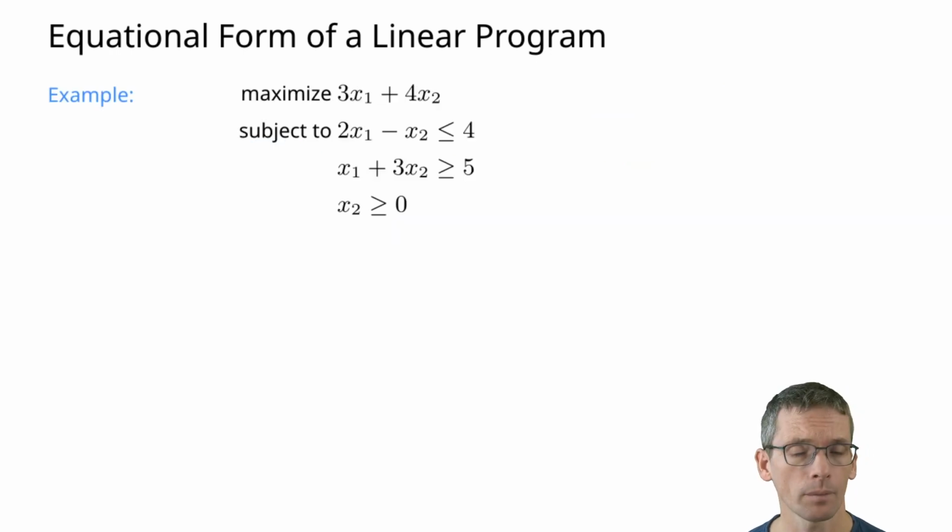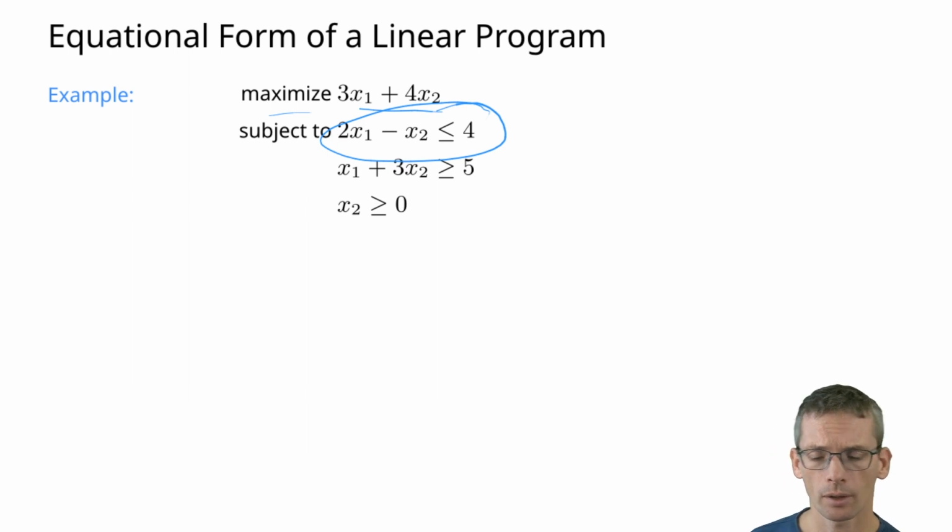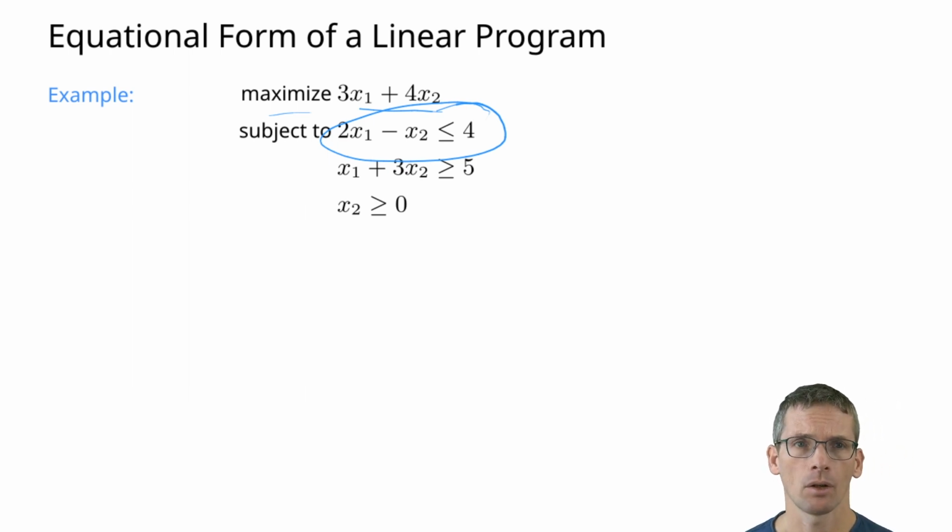Now we want to see that we can rewrite linear programs into this form. Let's take this one as an example. We have maximize something, so that's perfect. But now there's a smaller equal here. To bring this into equational form, we are going to introduce something called a slack variable.